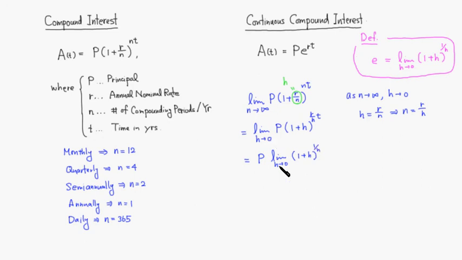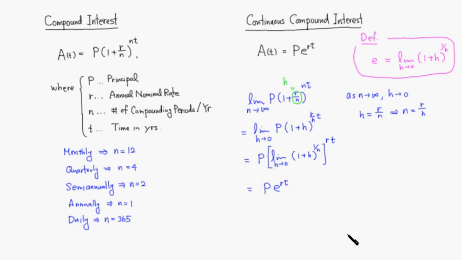We still have to raise it to the rt power, so we're just going to raise it to the rt power after we take the limit. So go ahead and take the limit, and we'll raise it to rt later. Now we can see that this is exactly the definition of e. So therefore we have P times e to the rt.